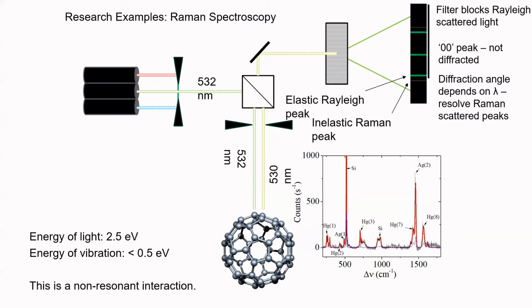So then most of the light that comes back, 999,999 parts in a million, is at the same wavelength that you put in. But there is a very small part coming back that is at a slightly shifted wavelength. And in Raman spectroscopy, we tend to talk not so much about the shift in wavelength, but about the shift in frequency.